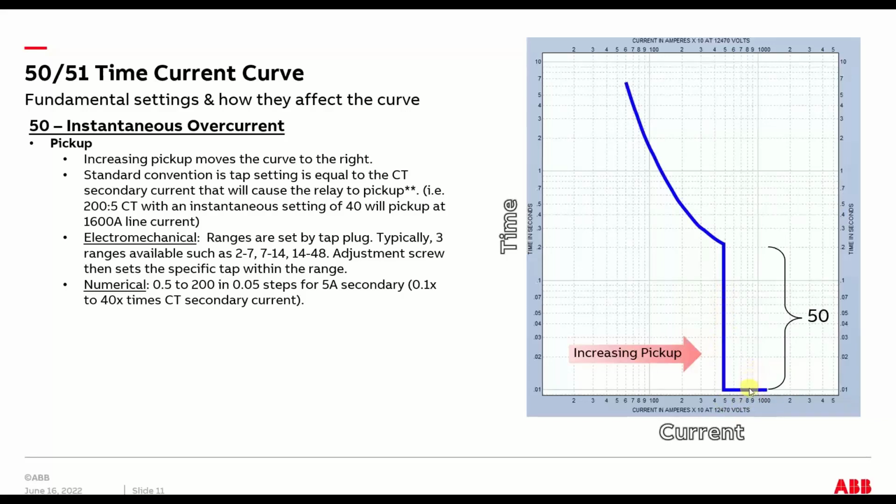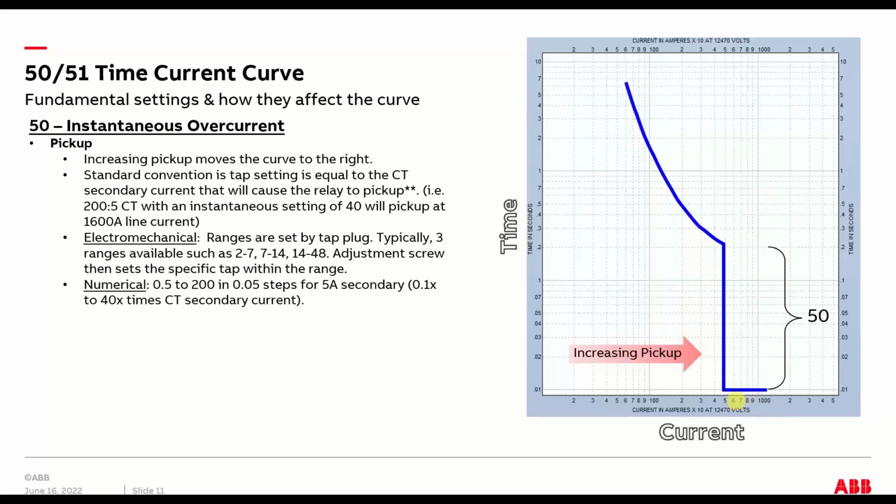So if you had a 1,000 amp breaker and a, say, 6,000 amp fault on it, with this relay setting the breaker would trip almost instantaneously. It takes probably half of an electrical cycle for the relay to pick up, and then a few more cycles for the breaker to operate and clear.